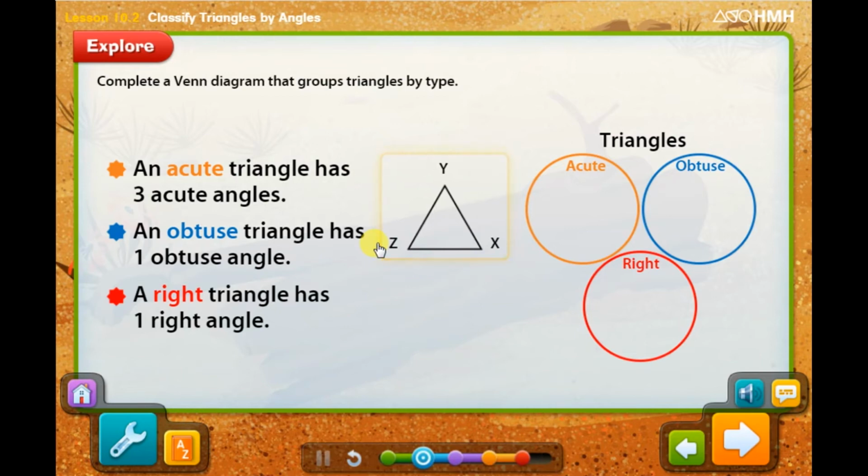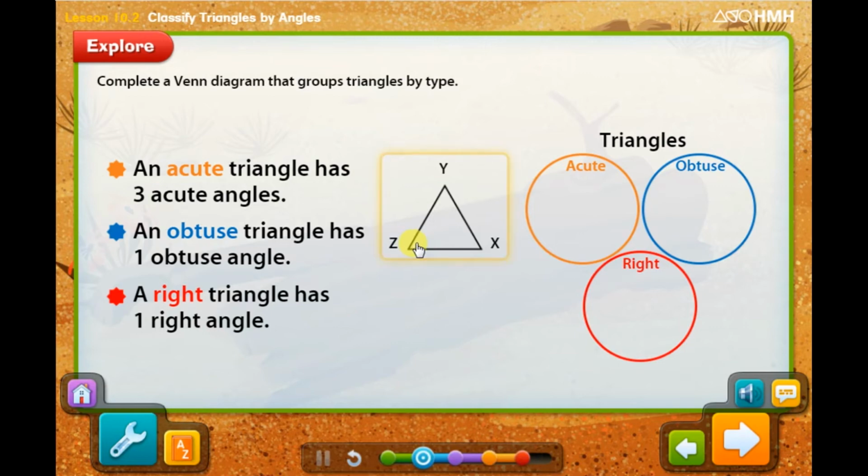Okay, so let's see. Triangle YZX is classified as which triangle? So we have here a narrow and small angle, so this is an acute angle, and this is also an acute angle, and this is also an acute angle.